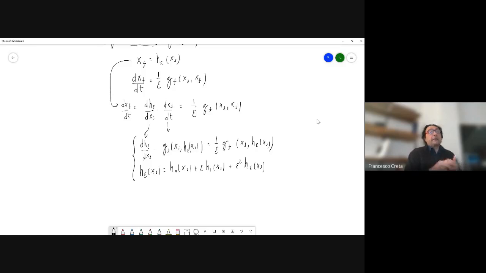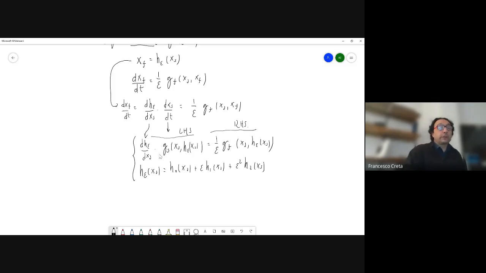Then you have an equation with a left-hand side and a right-hand side, and on both sides you will have orders of epsilon.